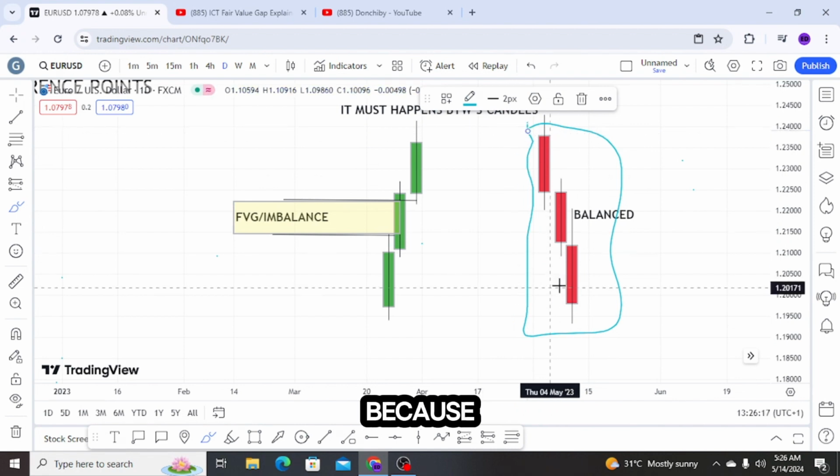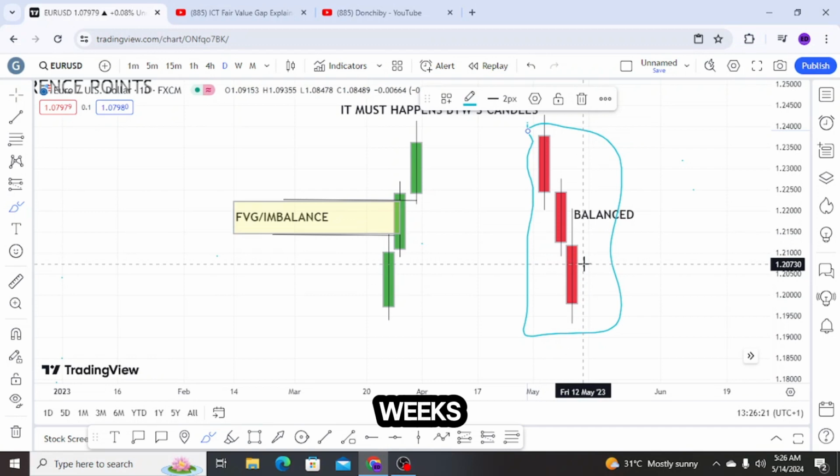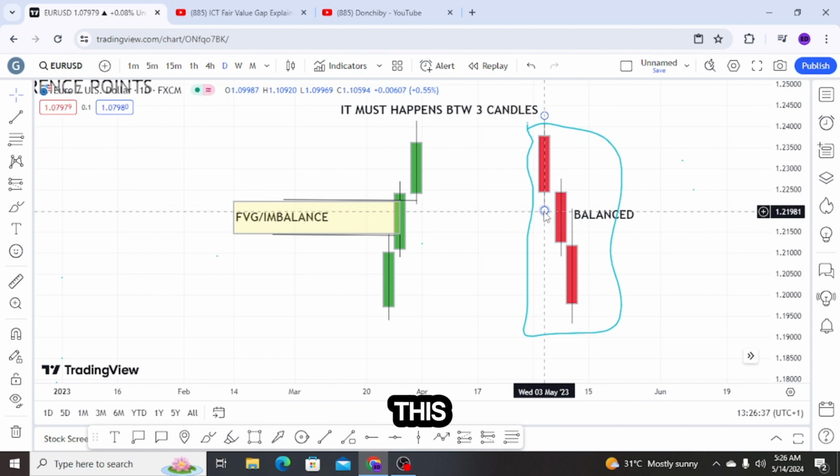We are not paying attention to the body, we are talking about the wicks. The wicks are these lines you are seeing. This is what I call wicks.